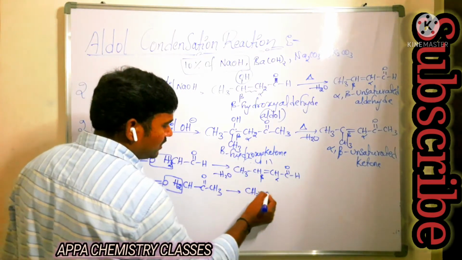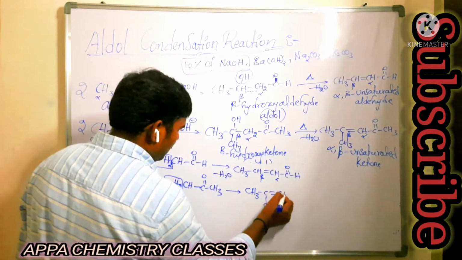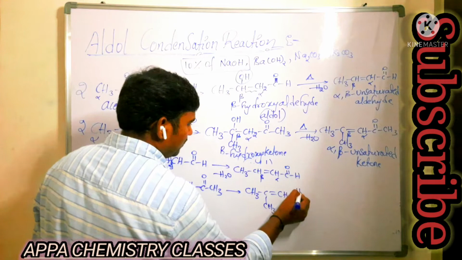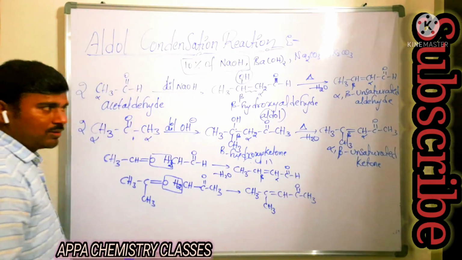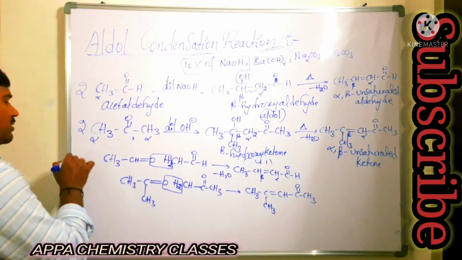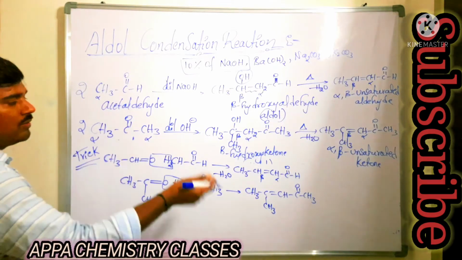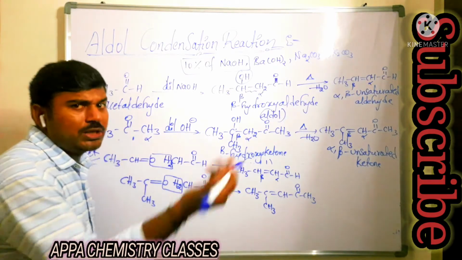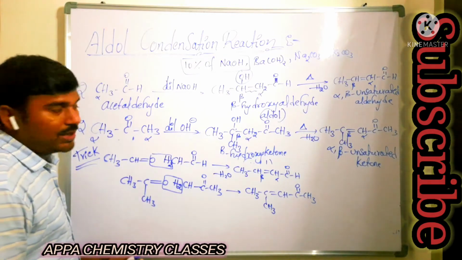That is CH3, C, CH3 double bond, CH, C double bond O, CH3. Did we get this compound or not? It is a shortcut, a trick, to easily identify the final product in whatever reaction it may be. Is that clear?